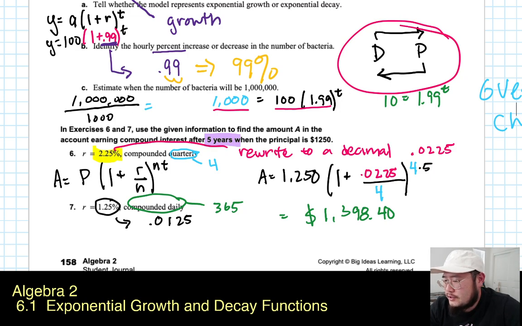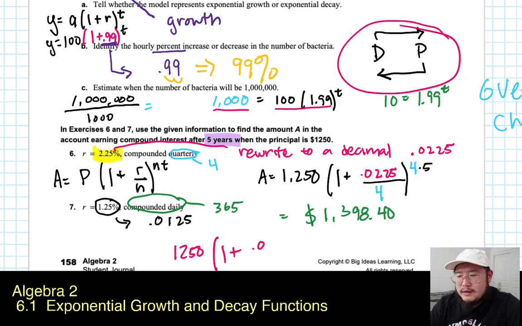Then we'll raise that to the n once again, so that'll be 365, and then times 5, because it's after a 5-year time span. We'll put all that together and you get this lovely number of $1,000.